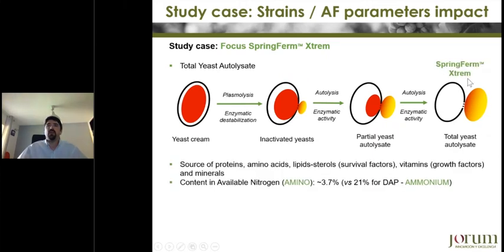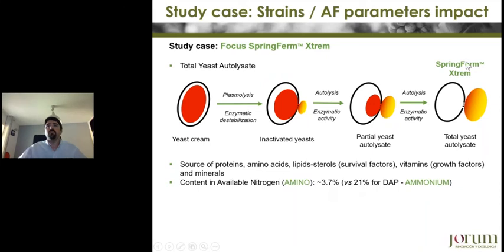So it's a source of organic nitrogen, but also other nutrients: lipids, sterols, vitamins, minerals. But in that case, it's a pure organic product. Its content in available nitrogen is quite low. If you compare to diammonium phosphate, in DAP you have 21% of yeast available nitrogen.